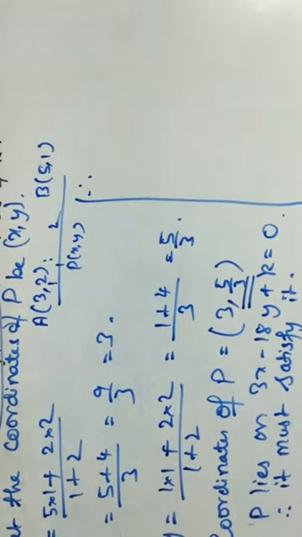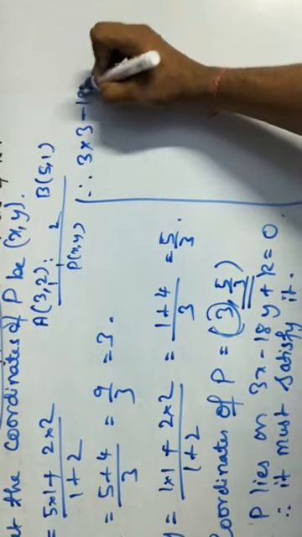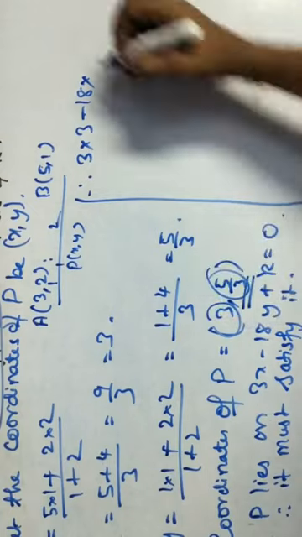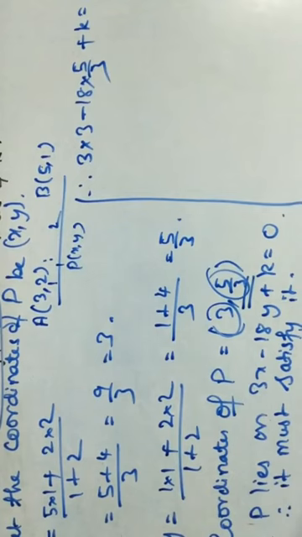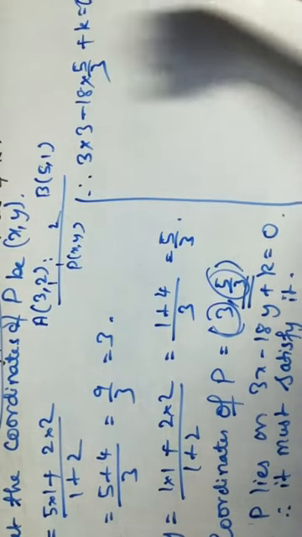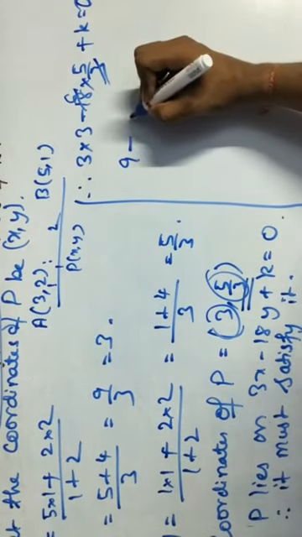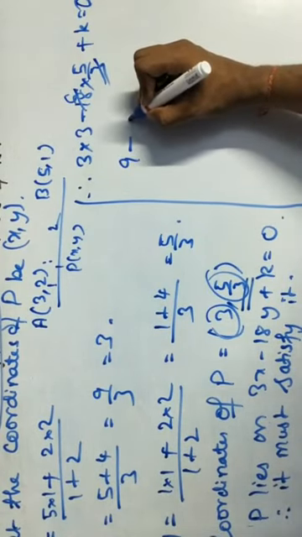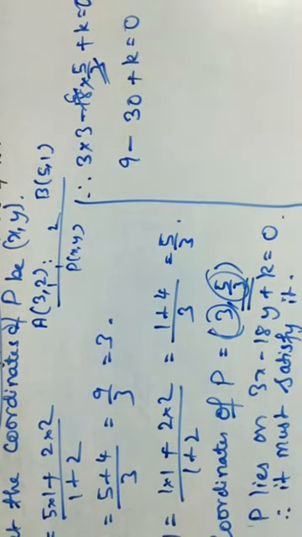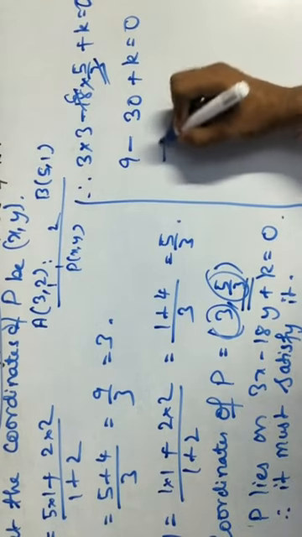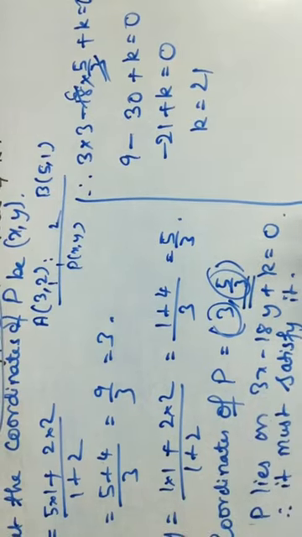Therefore 3 times 3 minus 18 times 5 by 3 plus k must be equal to 0. So it is 9 minus, so the value of k is.